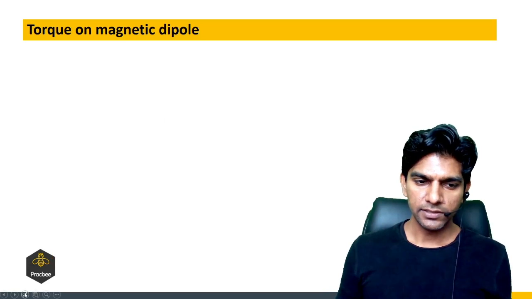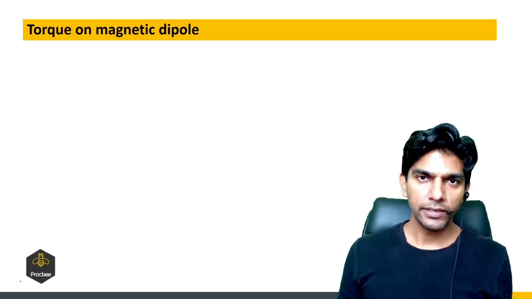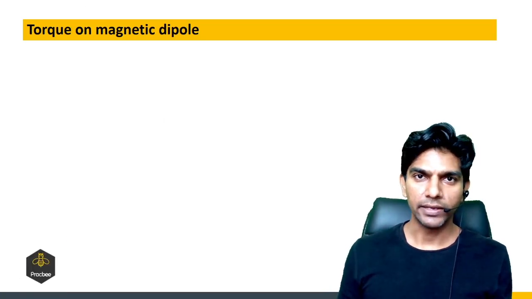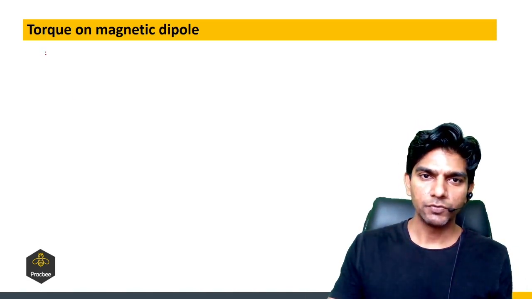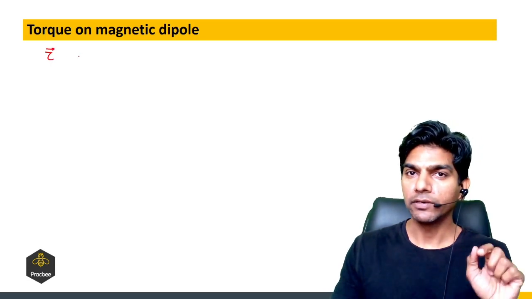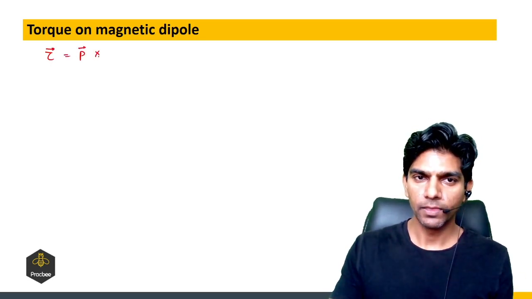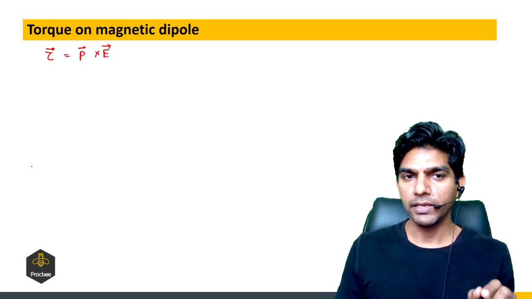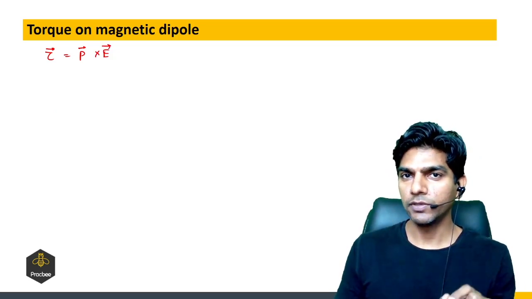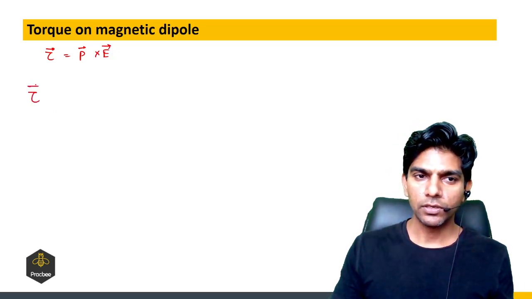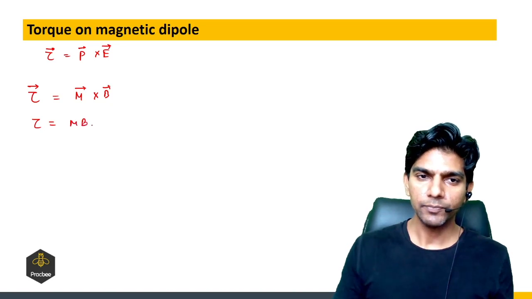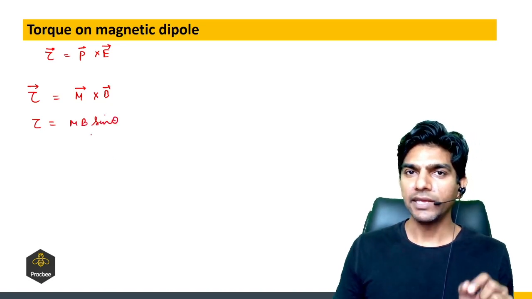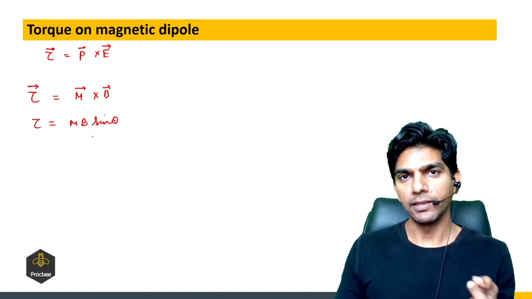Now let us see the concept of torque experienced by a magnetic dipole placed in a magnetic field. Again, I'm going to use the analogy. In electrostatics, the torque experienced by an electric dipole was p cross E. Now you have to replace p with magnetic dipole moment and E with magnetic field. So the torque formula will become M cross B, and its magnitude will be MB sine theta, where theta is the angle between the magnetic dipole moment and the magnetic field.